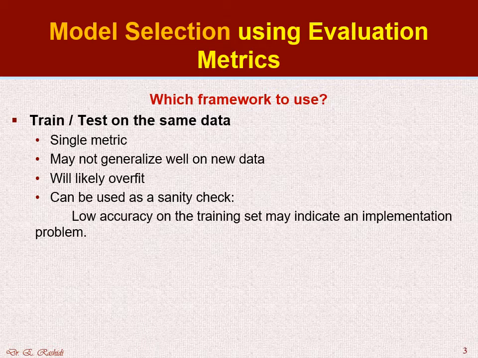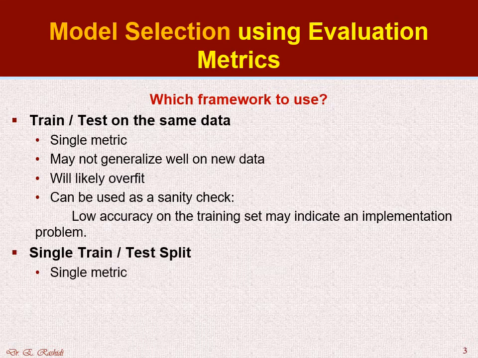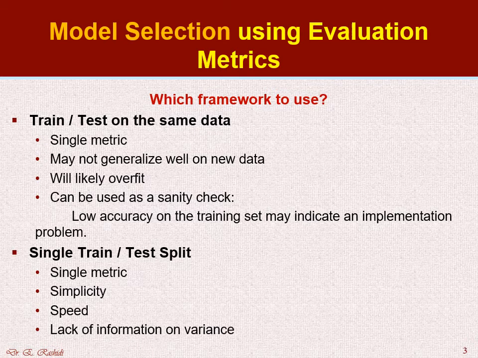For example, if we have low accuracy on the training set, that may indicate that there is an implementation problem in our model. The second approach, as we have used before, is to train and test on different sets of data by just splitting the data set into two groups, a test set and a train set.